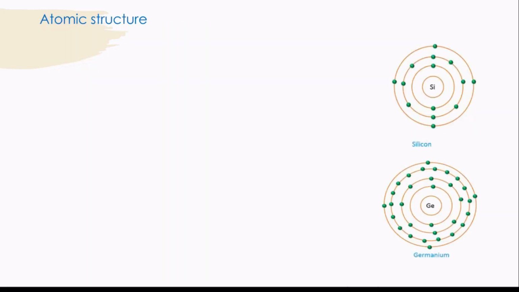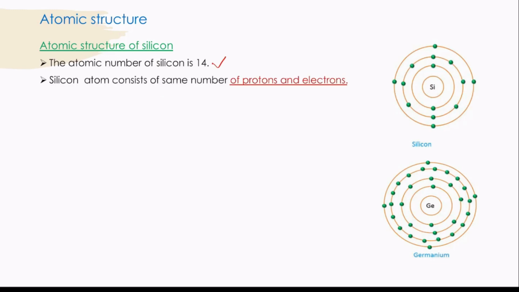Next is atomic structure. Now, how we can define the atomic structure for silicon and germanium? Let us see. First is the atomic structure of silicon. The atomic number for silicon is 14, and the silicon atom consists of the same number of protons and electrons.